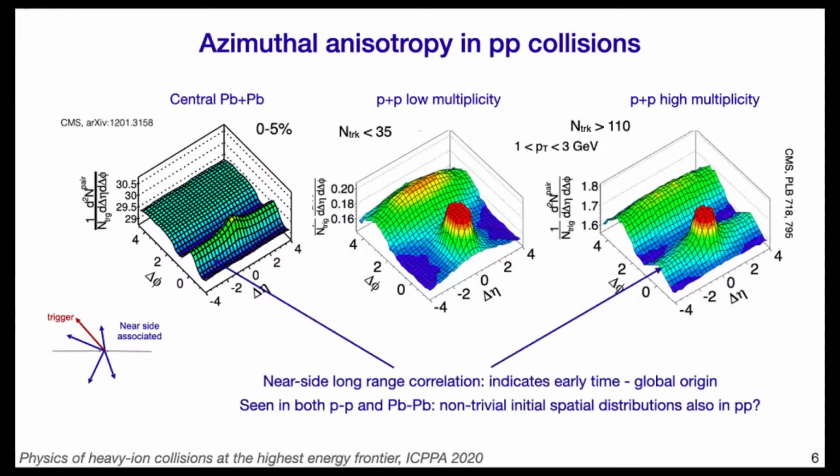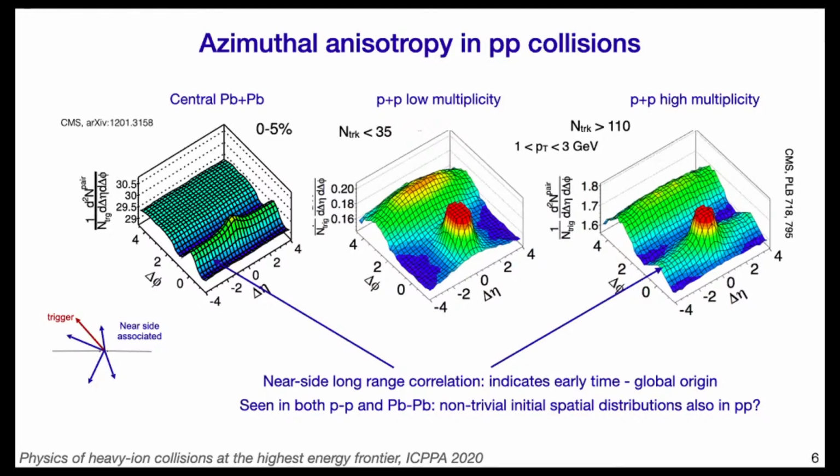And there in particular, there is this near side ridge. There is a correlation which is long range in the longitudinal direction in rapidity. And on the near side, so at a small angular opening angle.